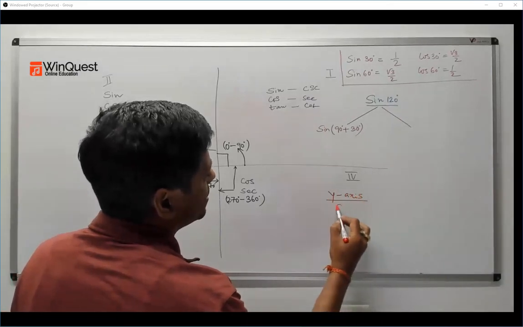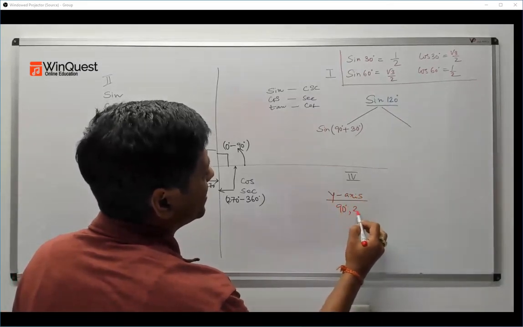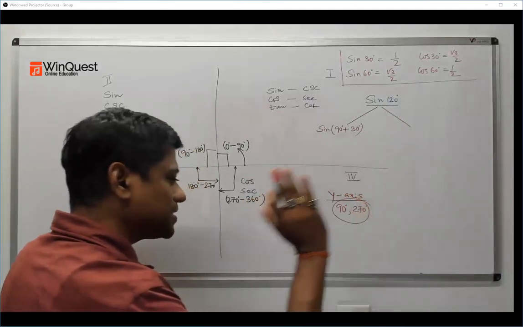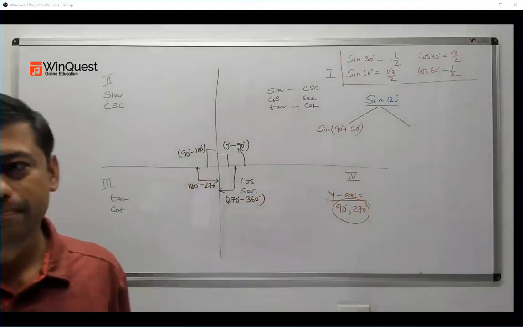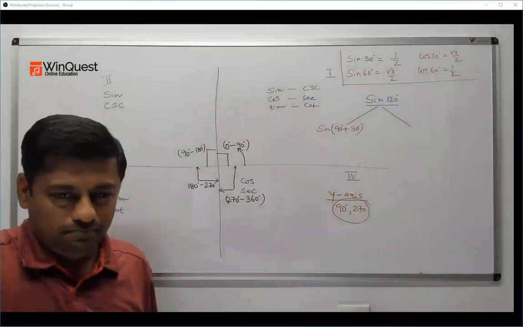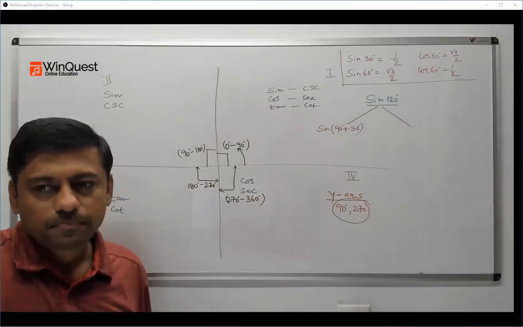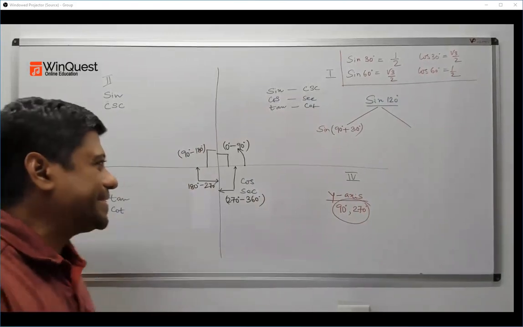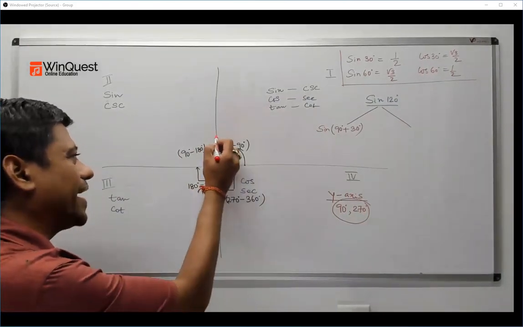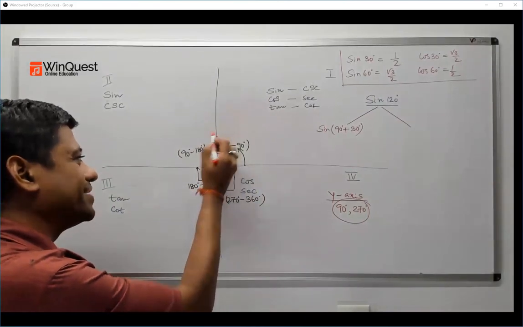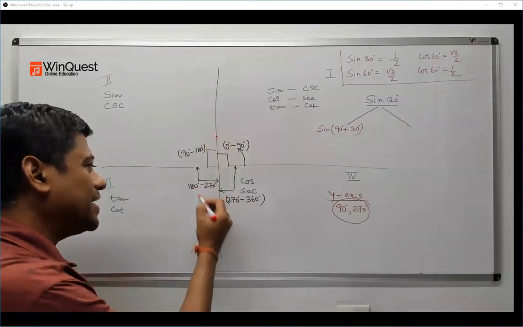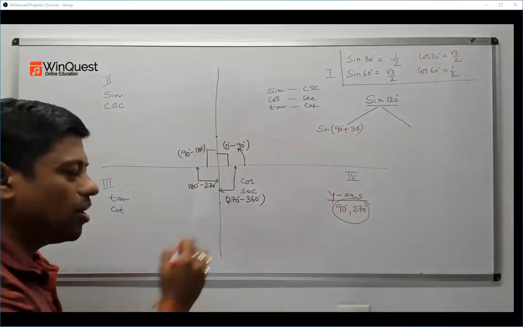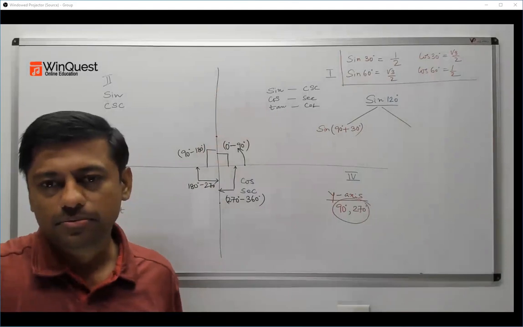Can I say that the 90 degree and 270 degree angles are the ones where the y-axis is standing? Yes, you can. Because exactly after you come to 90 degree, the point is here, and exactly after 270 degree, the point is here, and both angles are on the y-axis. Right? Correct.